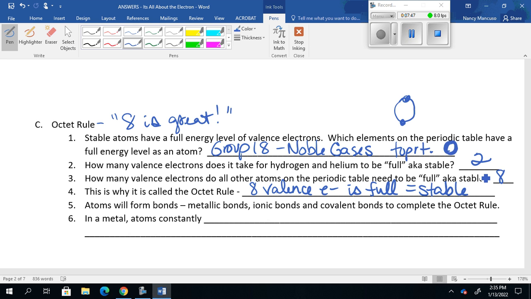So in a metal, what do atoms do? They constantly share and pass. Actually, I'm not going to use the word share because I want to save that word for covalent.